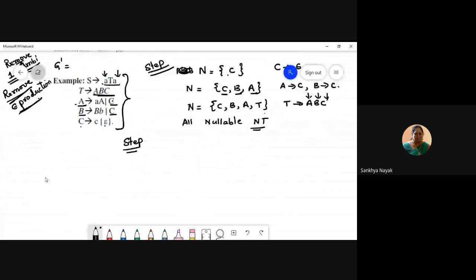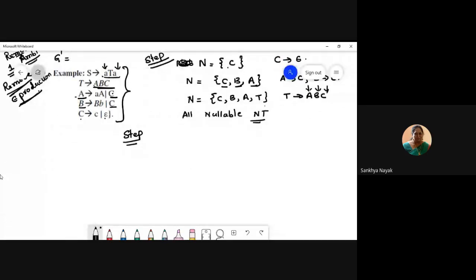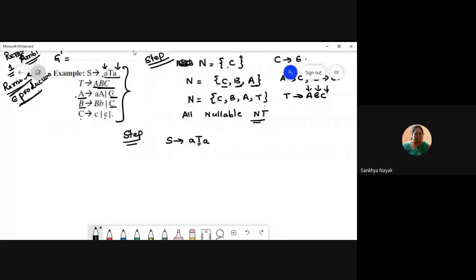Now you see there is one production, S derives ATA, isn't it? So I'll keep it as it is, S derives ATA. But because T is nullable, that means I can remove T, right? If I substitute epsilon for T, from ATA itself, I removed T and I made it AA.